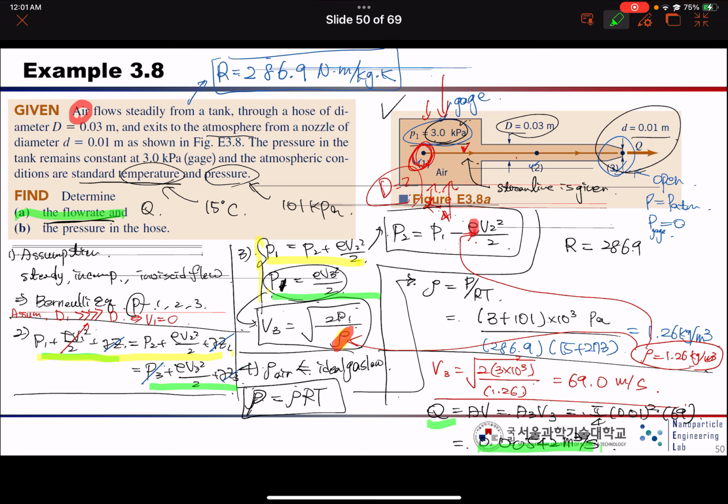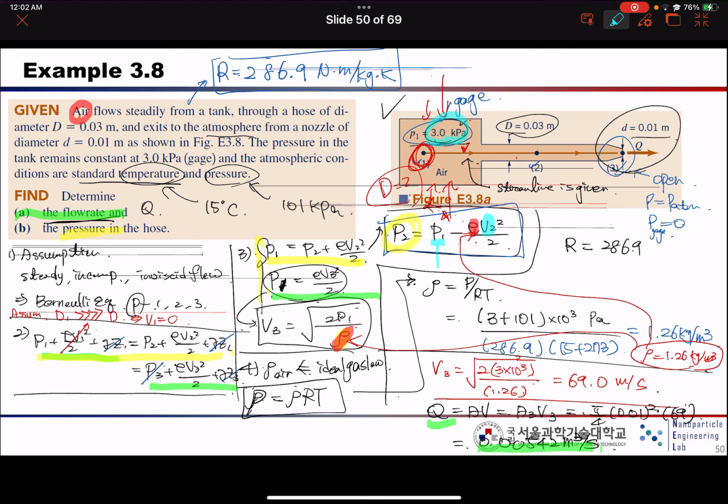And the second question, what should we calculate? We should calculate the pressure P2, right? When you see this equation, we don't know V2, and we know P1.